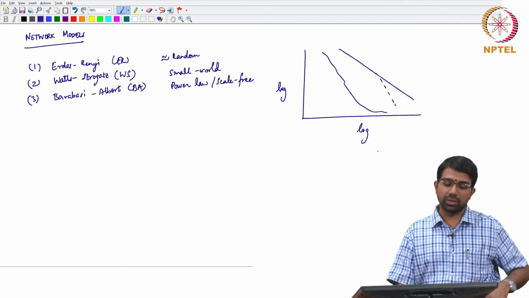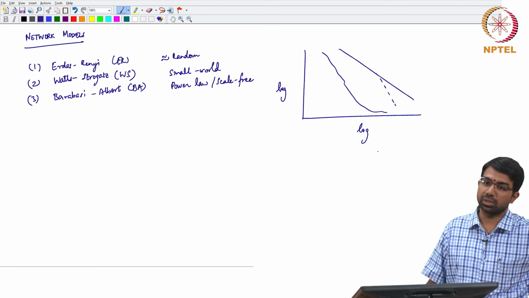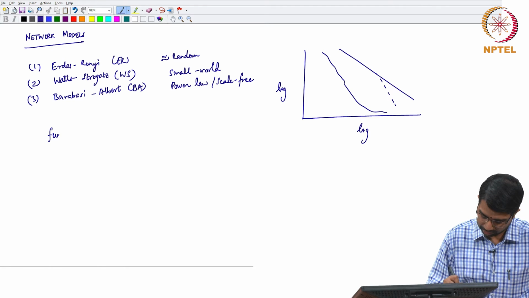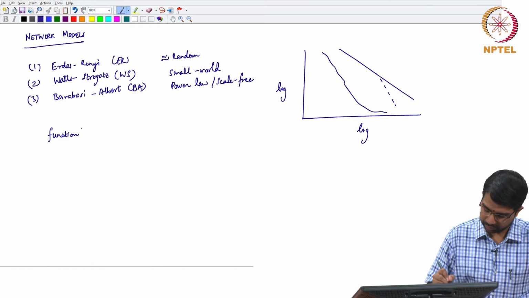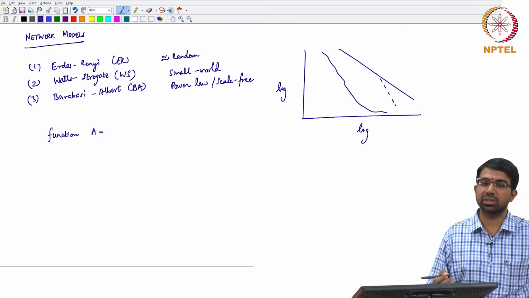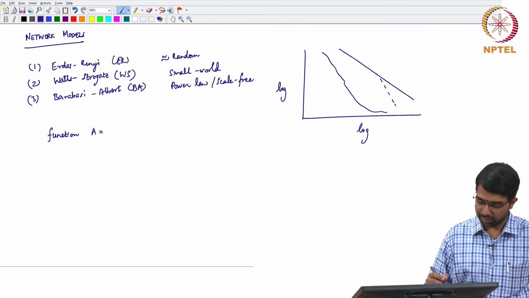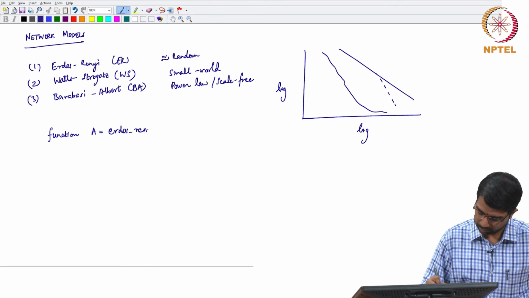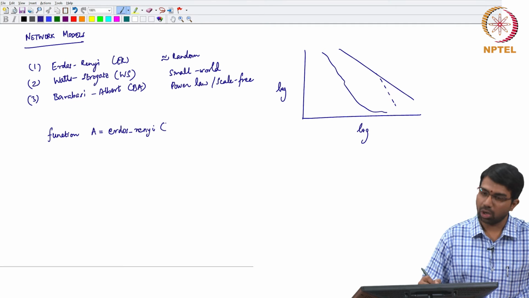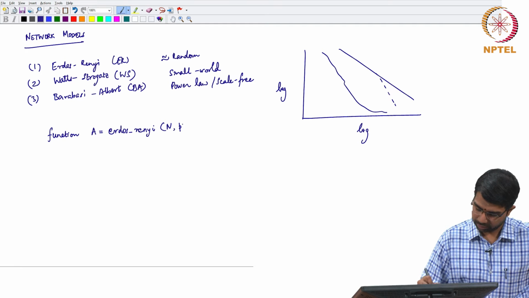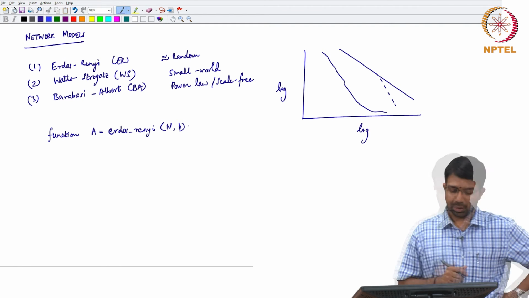So, how do you generate an Erdos-Renyi random network? If we were to write a MATLAB function, it will look something like function A equals ER of n comma p. You want to create the adjacency matrix corresponding to the network.